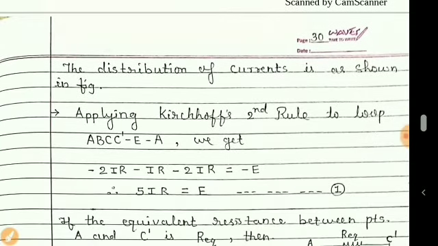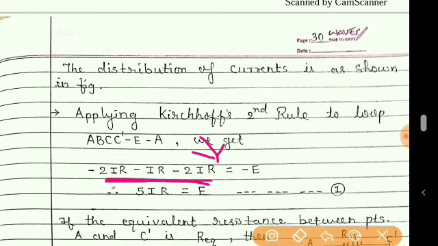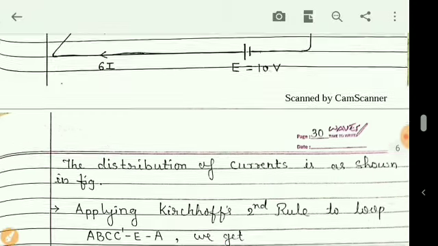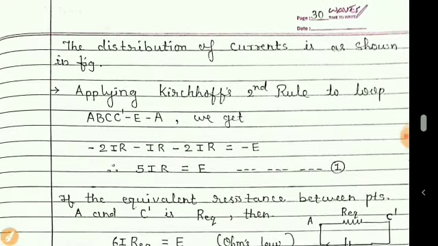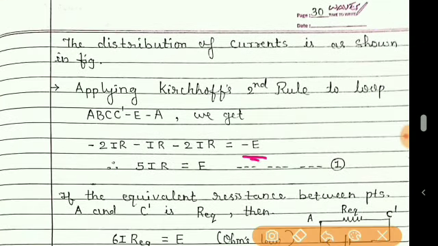But if we are writing these IR terms on left side and E terms on right hand side, then whichever terminal of the battery or cell is coming first, that sign is to be taken. So here it is minus sign because negative terminal is coming. So minus E.